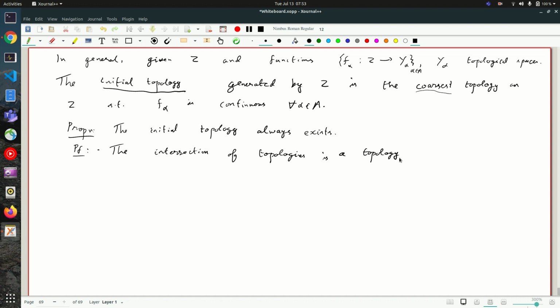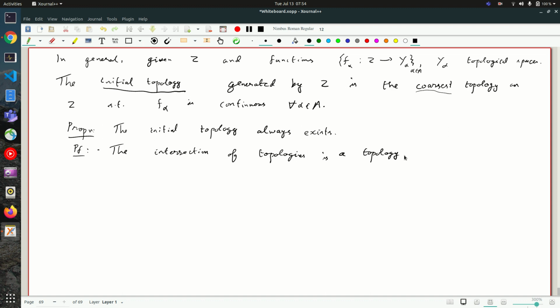Remember, we had 3 properties of topologies. The third was containing the empty set and the whole space. The first was closed under unions, and the second was closed under finite intersections. And you'll see that if I take a collection of topologies and I have sets which are open in all of them, then the union is open in all of them and hence contained in the intersection of the topologies.